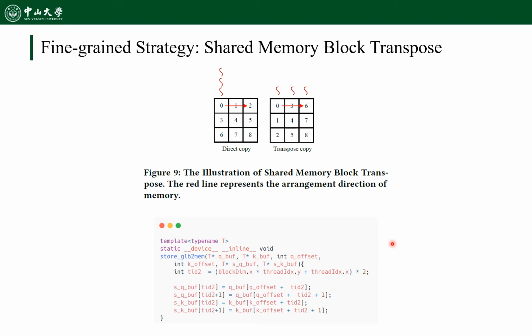Thus, each vector in the first mini-block will be multiplied with all vectors in the second mini-block, indicating that each vector in a mini-block will be accessed multiple times. In this way, we can adopt a structure of the advanced GPU, the shared memory. Shared memory is a powerful feature.